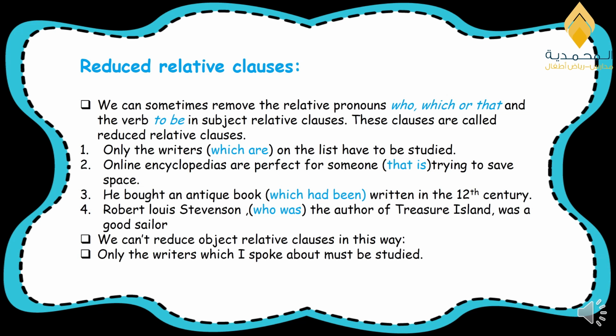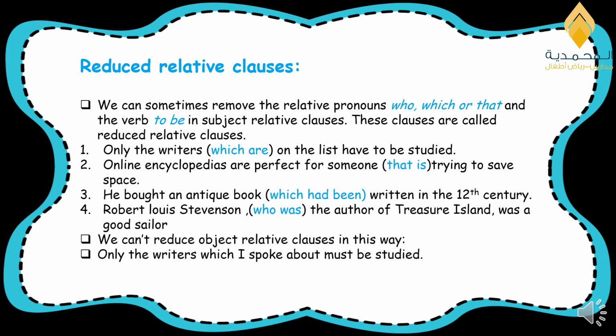Number two, online encyclopedias are perfect for someone that is trying to save space. So here I can remove that plus the verb to be, is. I can remove both of them and the sentence is correct.